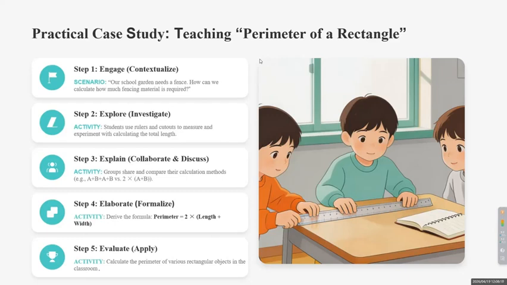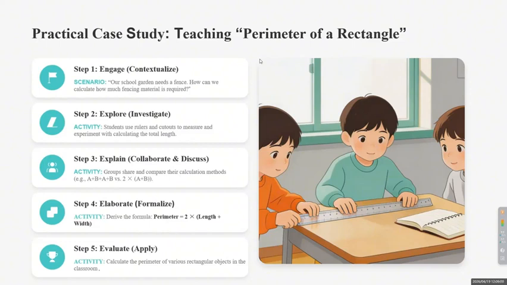They might discuss strategies like adding all four sides, A plus B plus A plus B, versus doubling the sum of length and width, to multiply 2 by A plus B. This collaborative discussion is crucial. It allows them to articulate their thinking, learn from each other, and justify their approach.